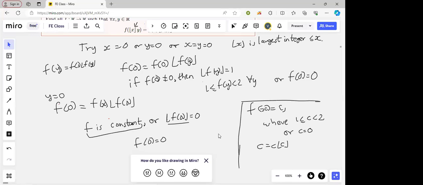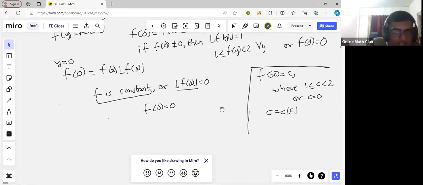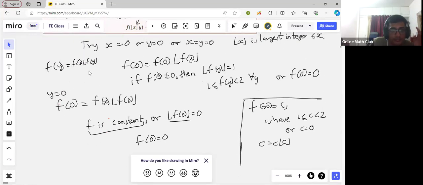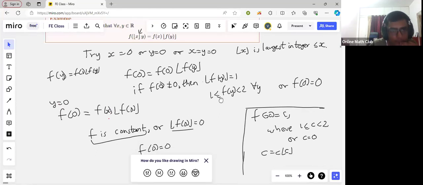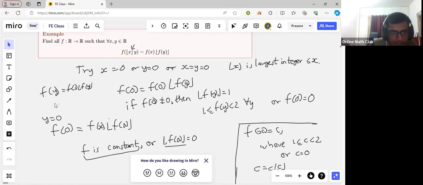Okay, and then let's try the substitution someone had suggested of putting x equal to y equal to 1. Everybody suggested putting x equal to 1 and y equal to 1. Now the use of this substitution is that these two terms become equal, so again it's a simplification of the equation.